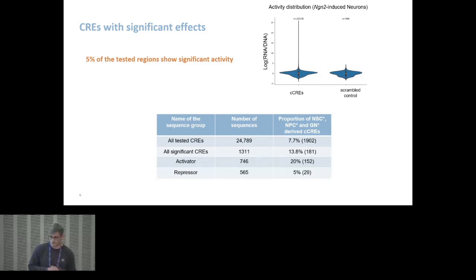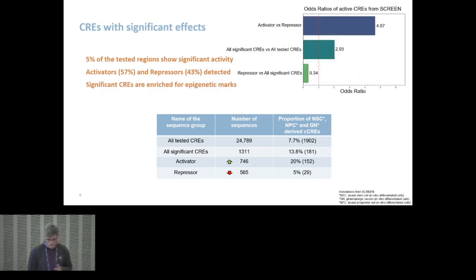They were activating and repressing effects measured. And interestingly, from SCREEN annotations, we know that there are some known active elements, and their annotation is enriched within our significant CRE group. The enrichment is shown here, and now we will dive into the variant effects.